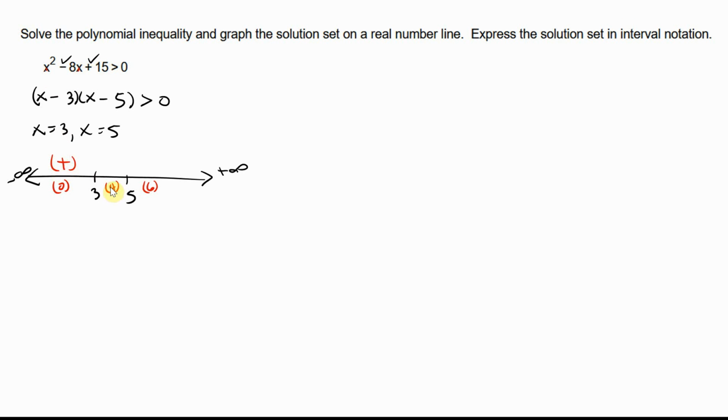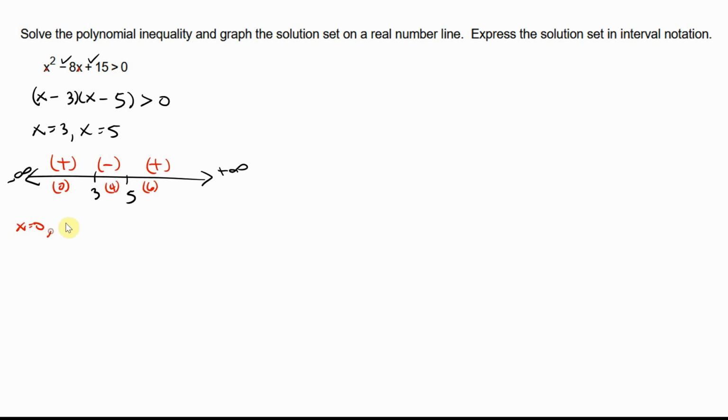Right? Plug in the 4. Right? 4 minus 3, that's positive. 4 minus 5, negative. Positive times negative is negative. Test the 6. We get positive, positive. Positive times positive is positive. All right? So, I mean, you can plug those in there, and just do it one at a time.